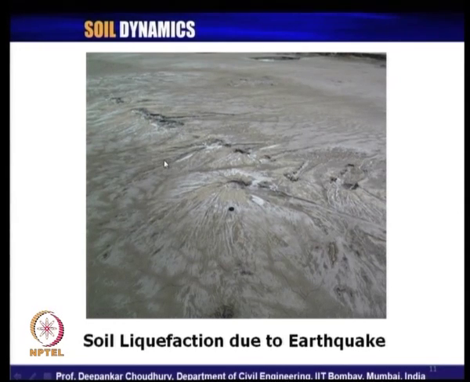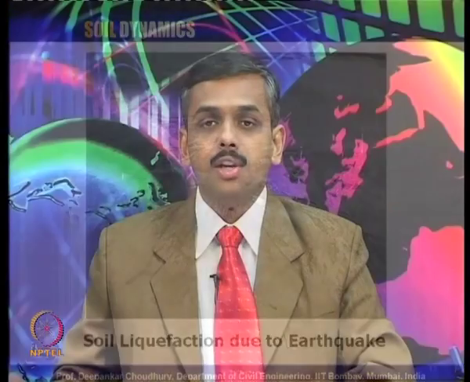So if such a disaster happens in soil, suppose we have a building or structure constructed on this type of soil, on which any kind of dynamic load, say earthquake load, is applied, the soil behaves like a fluid. It is no longer a solid material which can withstand the load of the superstructure constructed on top of it. It will be as if we have constructed the structure on water instead of on a solid material.